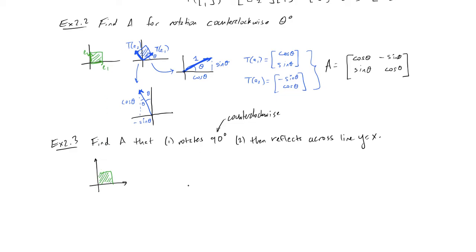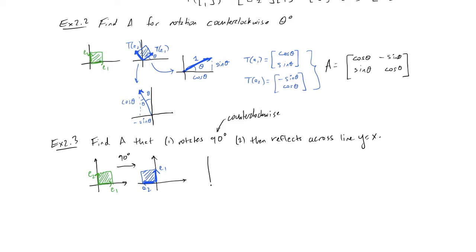We're going to rotate 90 degrees. We'll get a square that's over here. And my new E1 and E2, well, this will be my new E1, and this will be my new E2. But this is my old E1 and E2 here. So that's the rotate 90 degrees.